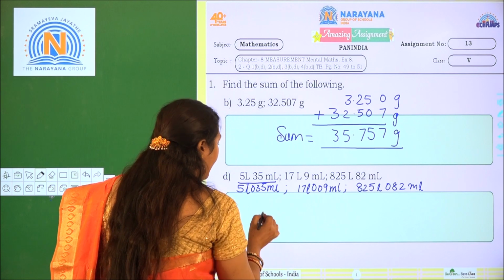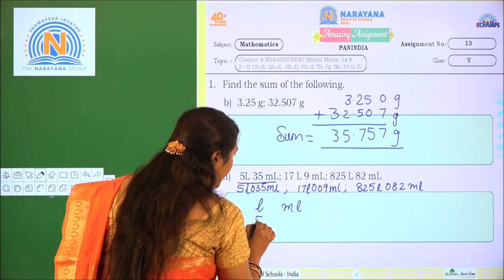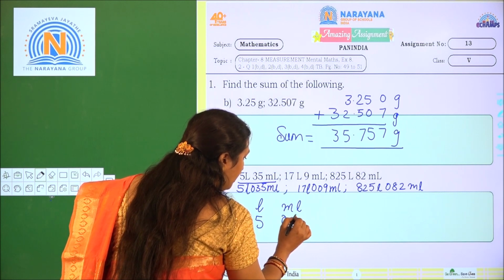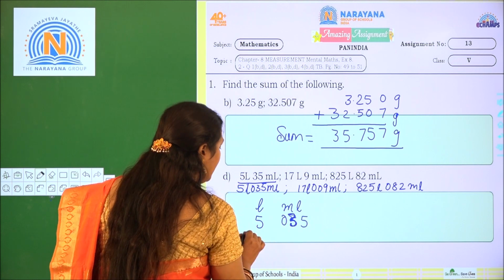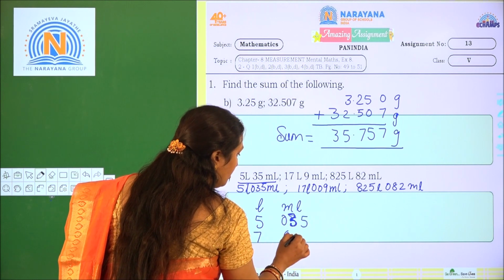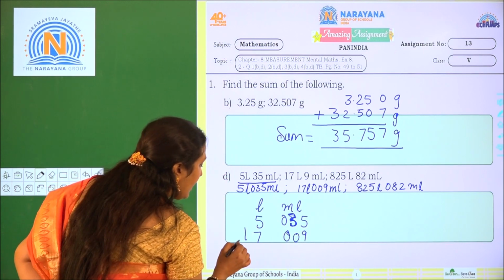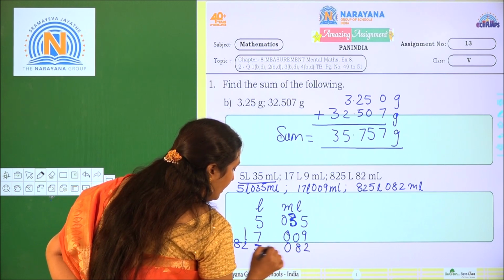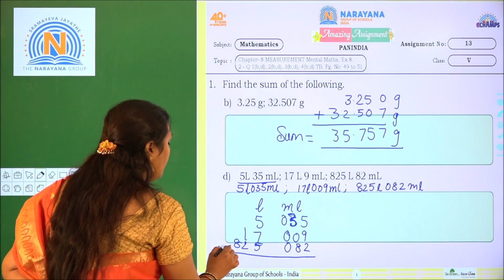So first arranging columns, liters and milliliters are given. 5 liters 35 milliliters means we can write 035 milliliters, 17 009, and 825 082.